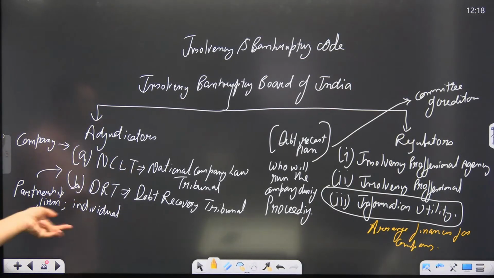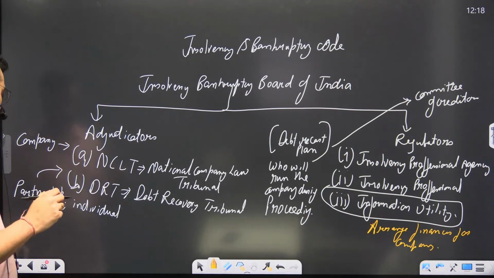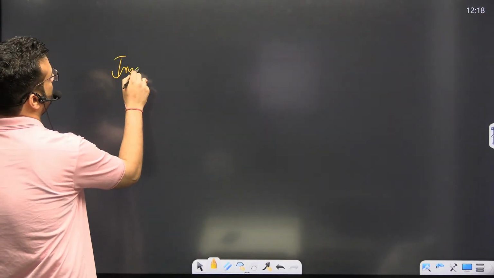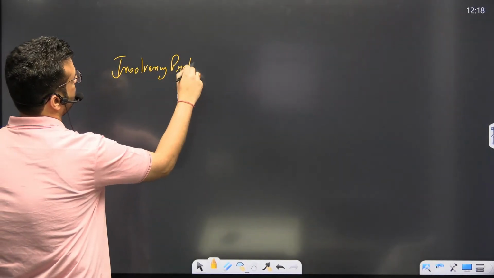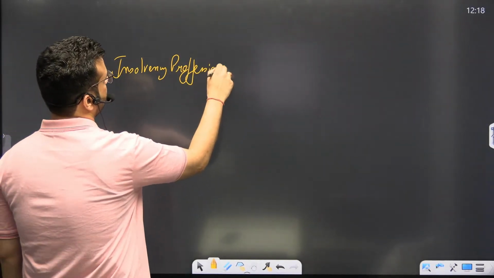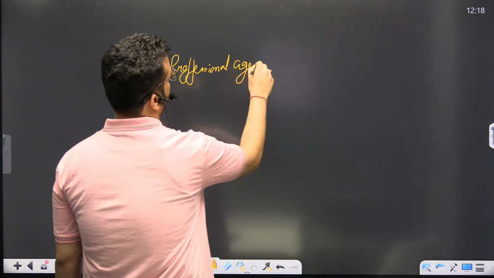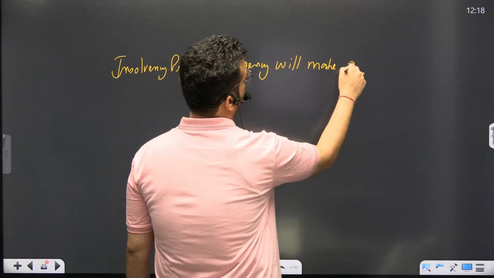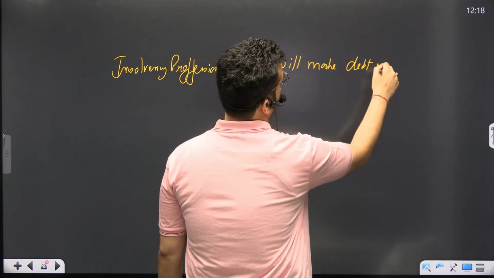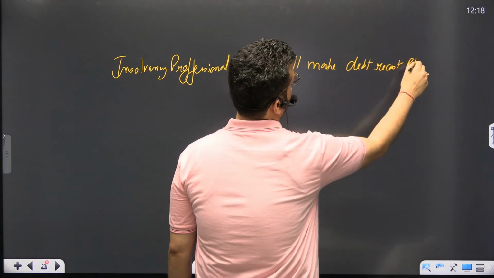Now, how will this code run? First of all, insolvency professional agencies will make the debt recast plan.